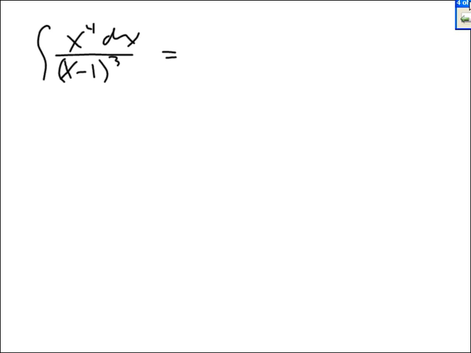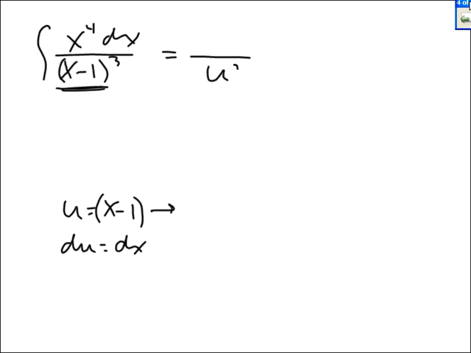If you let u equal x minus 1, well, you can do that. Then du will be dx. And so this piece is u cubed. This piece, x to the 4th: if you add 1 to both sides, you'll get x. And then you raise it to the 4th power. And then you look at Pascal's triangle.